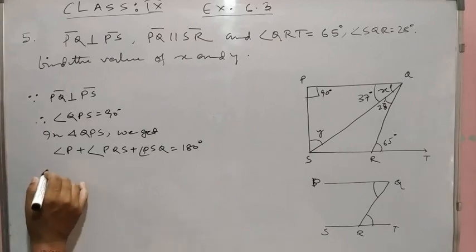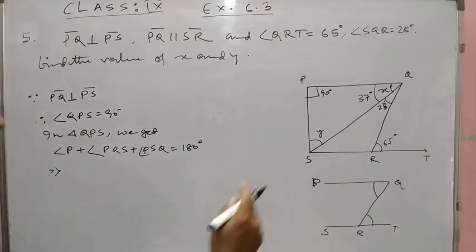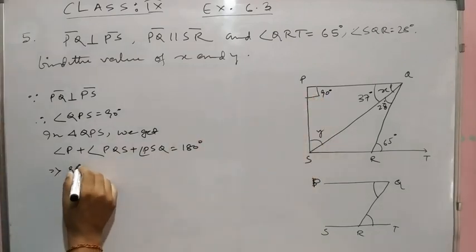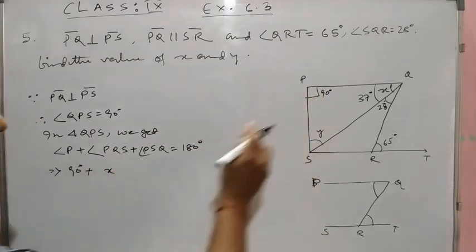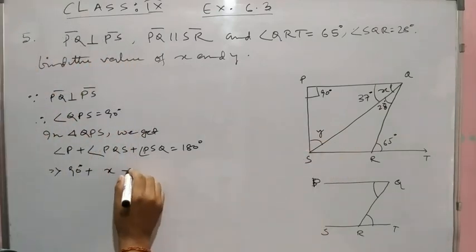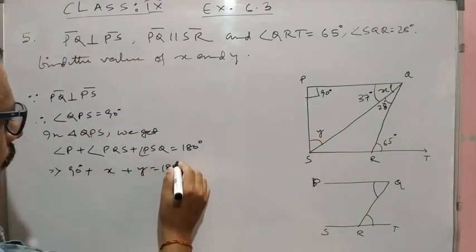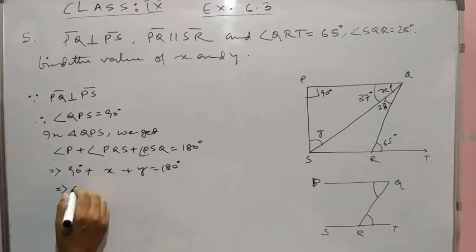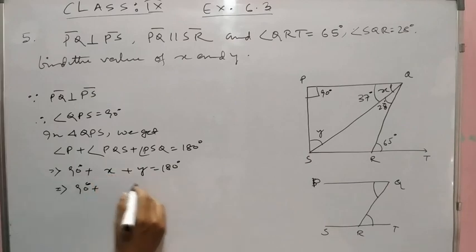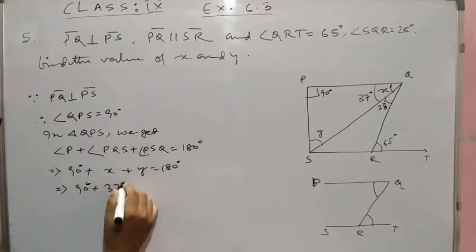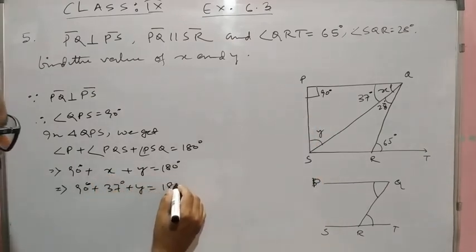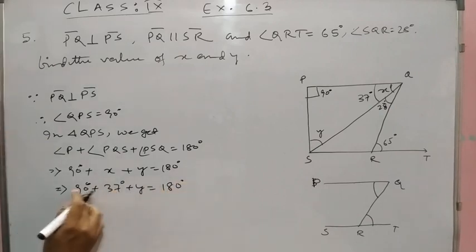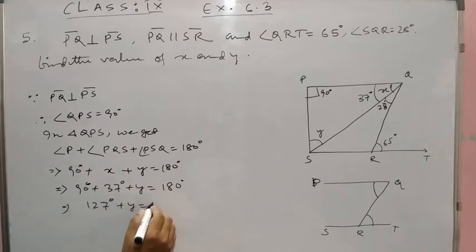This implies that angle P is 90 degrees, angle PQS is X, and this is Y, equal to 180 degrees. Now 90 degrees plus X, which we got as 37 degrees, adds to 127 degrees, plus Y equals 180 degrees.